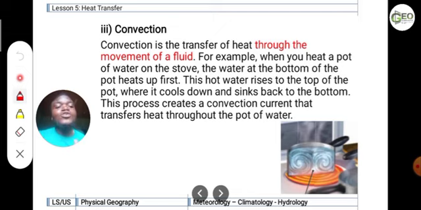And so that continuous rising and sinking of warm water molecules and cold water molecules causes a chain process which is known as convection, whereby water molecules from the bottom rise to the surface and push the cold water molecules down to the bottom. So that continuous process, rising and falling, is known as convection, and this is what ends up making the entire water in the pot hot.